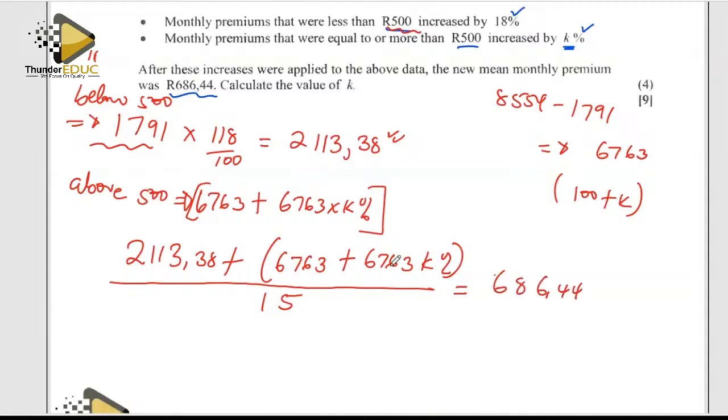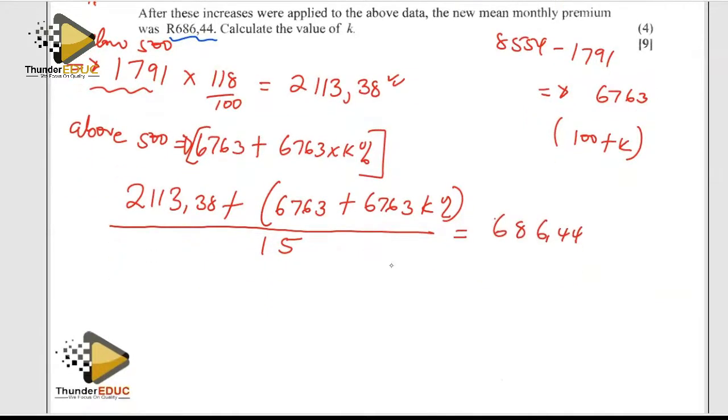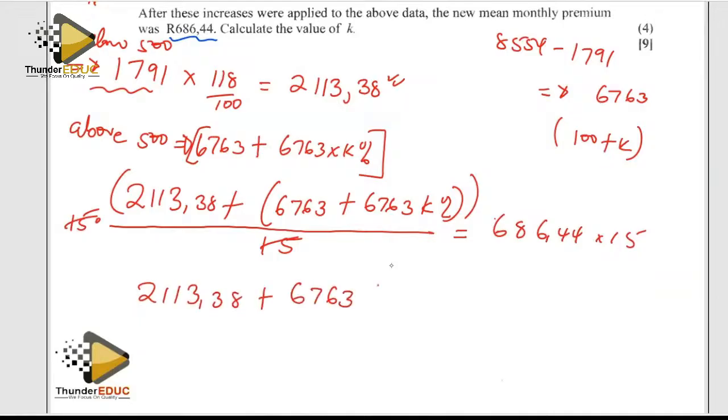Then I'll multiply both sides by 15 so that I get rid of the 15. So times 15, and then times 15. So this cancels. 2113.38 plus 6763 plus the 6763K%.